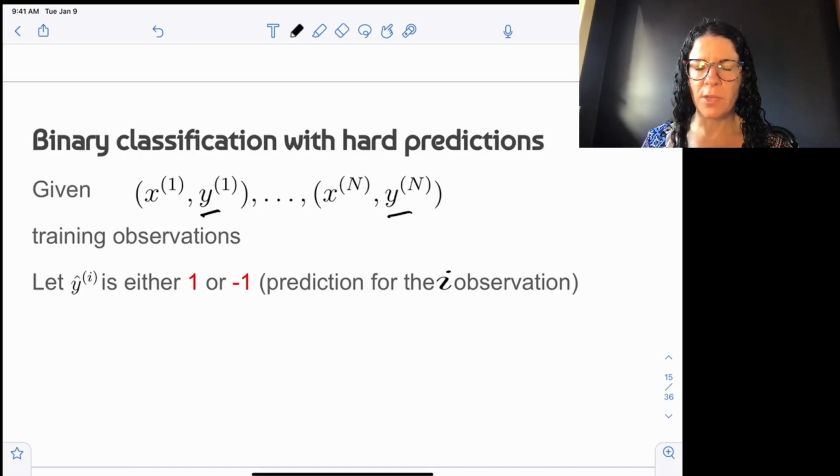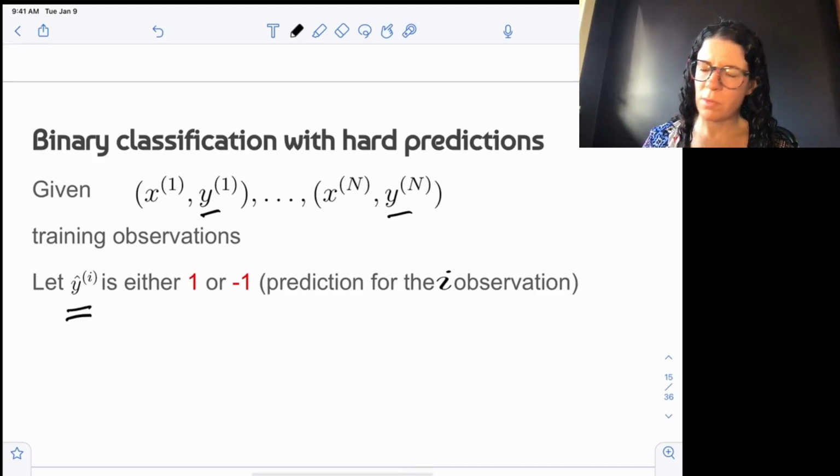So it's a classification problem, and we denote our target y as either -1 or 1, and our predictions y hat i are also going to be either 1 or -1. So these are hard predictions, right? This is the setting that we're going to talk about today.